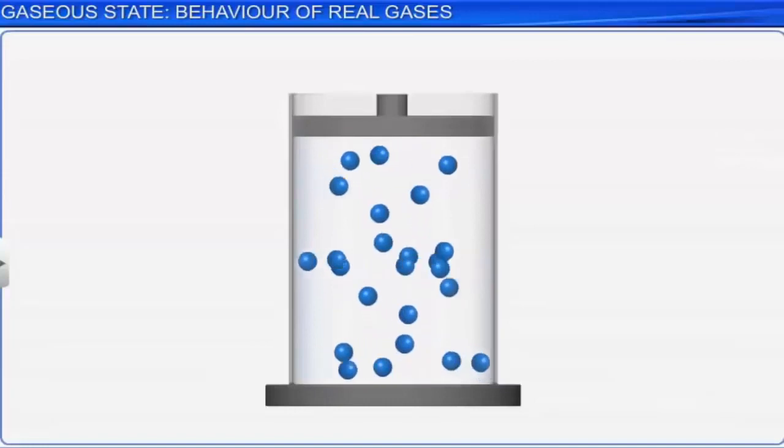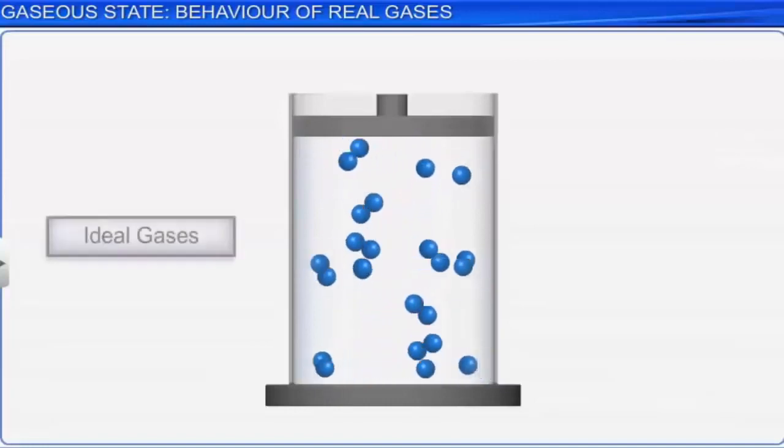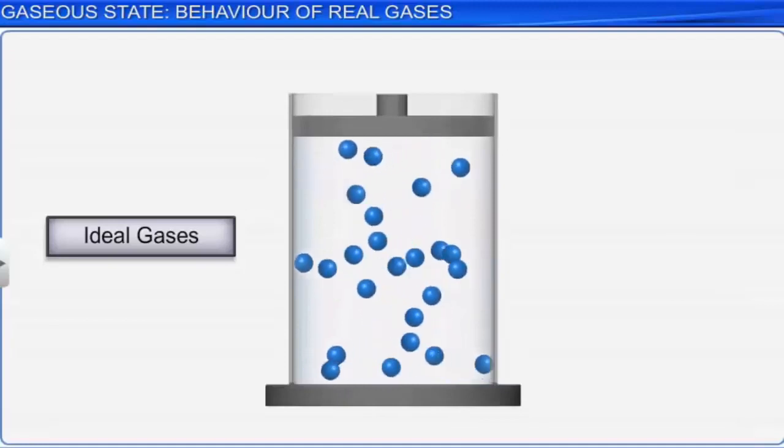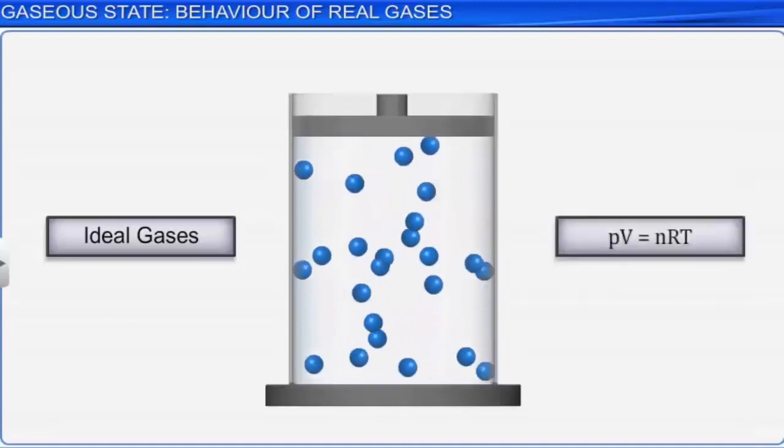Gases that obey the ideal gas equation are called ideal gases. The ideal gas equation is PV equals nRT.